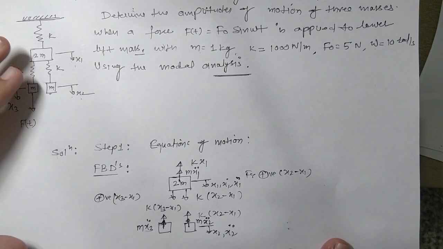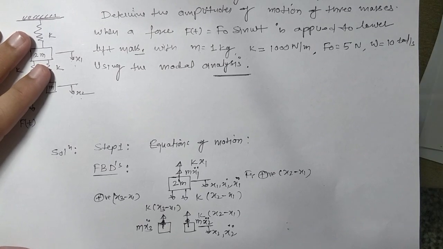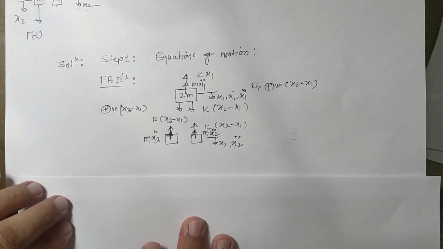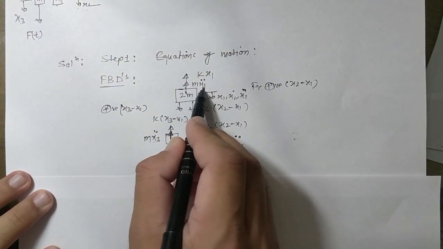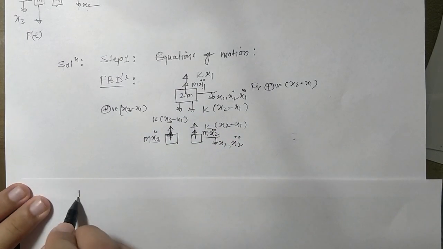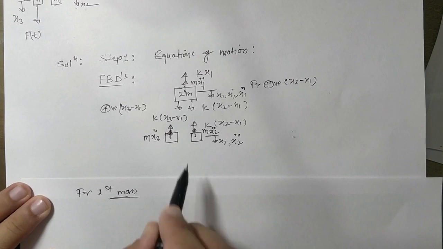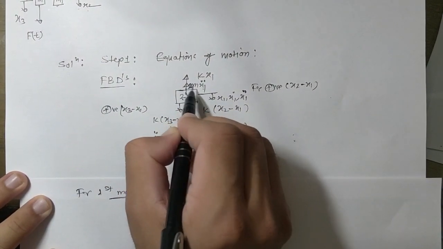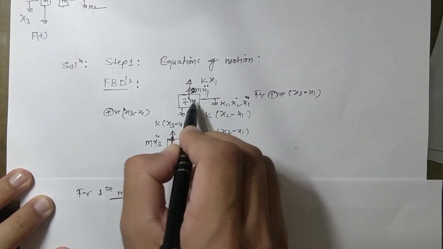Now we can apply the force equilibrium approach to write down the equations of motion. We'll write down the equation for the first mass. For the first mass, this is 2m x1 double dot, the total mass is 2m.